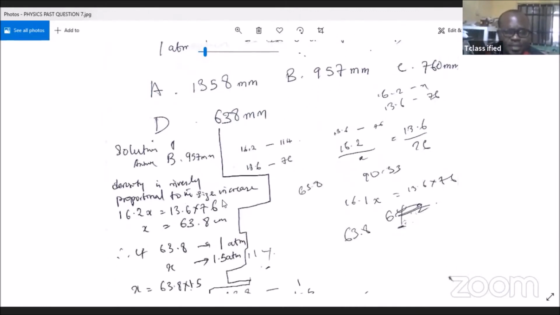So density is inversely proportional to the size increase, and because of that, we set out this equation like this.